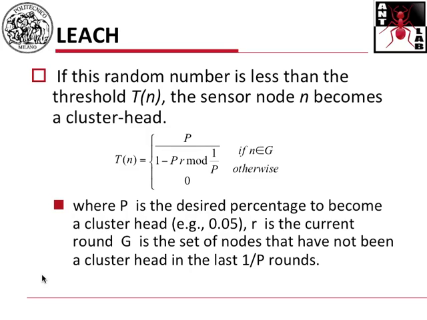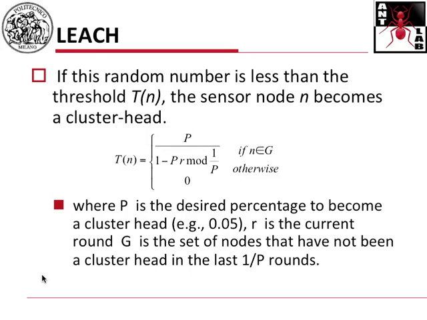The formula has to be applied to all the nodes which take part in the clustering phase, which are all the nodes that have not been elected as cluster head so far, up to round R, the current round. The idea of this threshold is to increase the probability that a node is elected as cluster head as the clustering phase goes on and on.